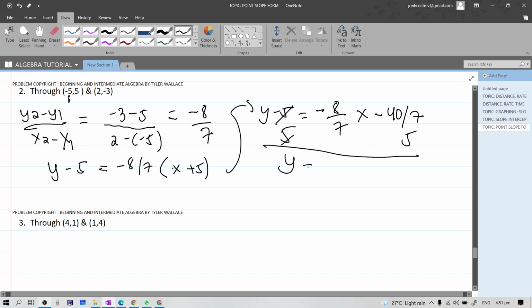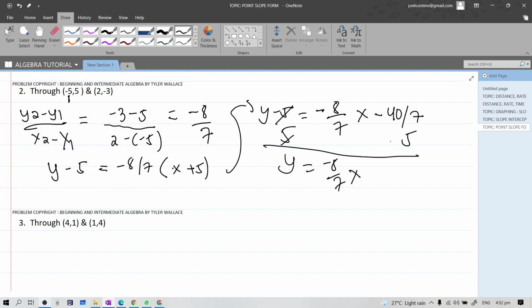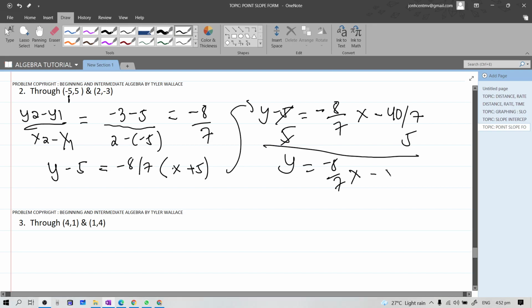We will have y is equals to negative 8 over 7 x, then negative 40 over 7 plus 5. We have negative 5 over 7. Okay. So, this is the answer.